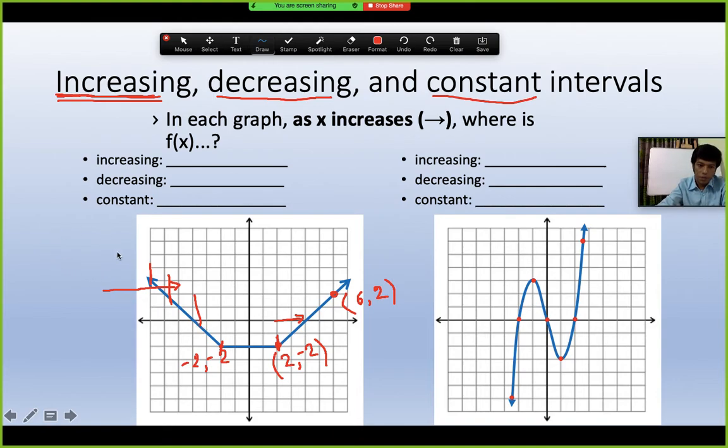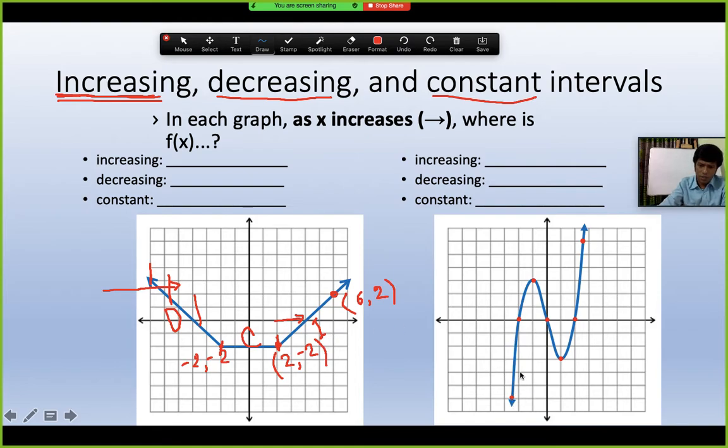That means this part of the graph is decreasing. So this is the decreasing part, this is the constant part, and this is the increasing part of the graph. So this graph has 3 different parts.